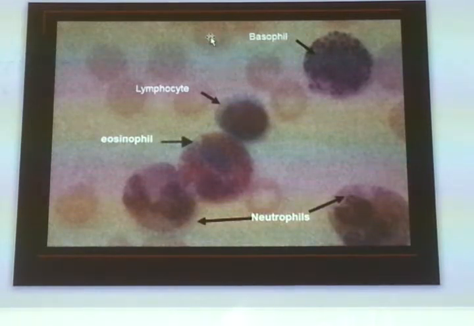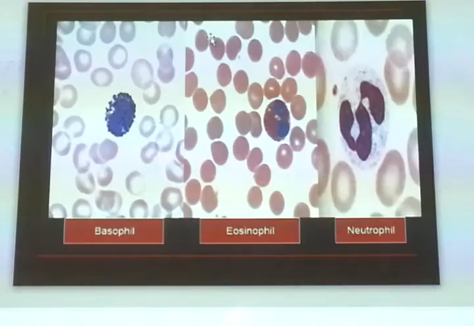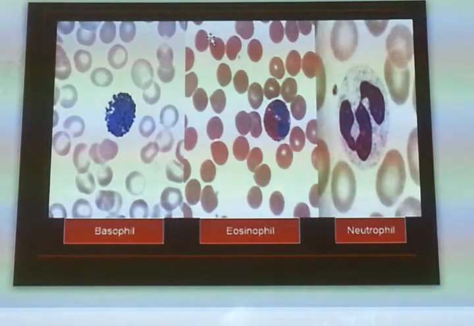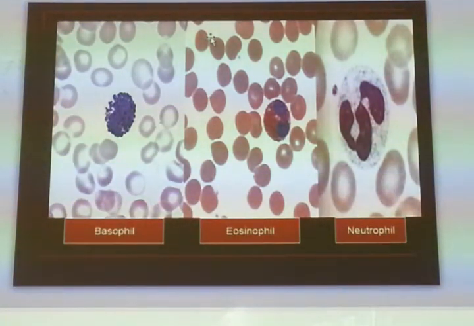The lower one is neutrophil. This will be more clearer in the next slide. See this? Neutrophil, there is not much difference in size. Normally this is almost the same size as eosinophil or basophil. You can see the difference in granules.